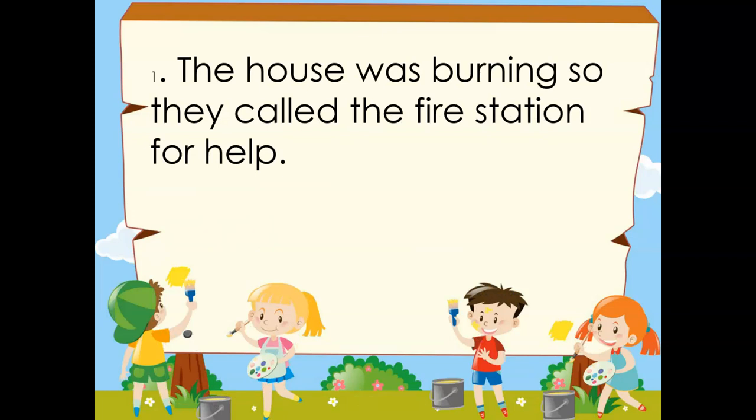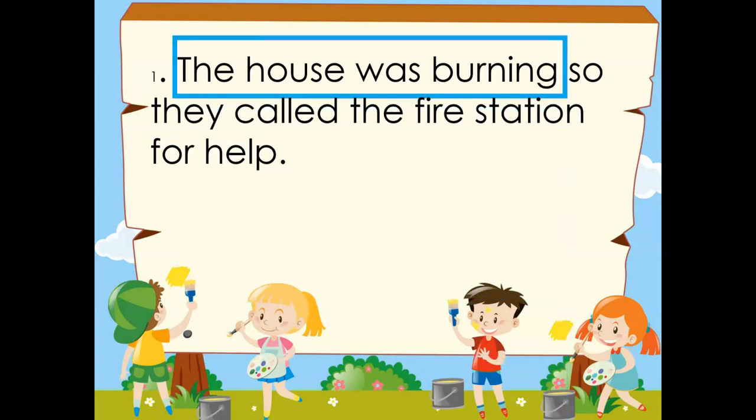So, what do you think is the problem and what do you think is the solution? Okay, so if your answer is the house was burning is the problem, you are correct. And they called the fire station for help, that is the solution. Okay, did you do the same, class?